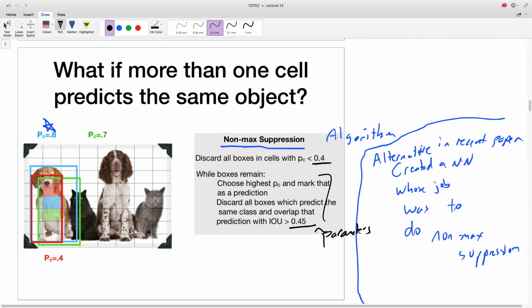So here, we've marked the blue one as a prediction, and now we go through and find that it has a high Jaccard index, or a high intersection over union. So we get rid of that one, and we do the same thing with the green one. And we're left with the blue one. Questions on this?